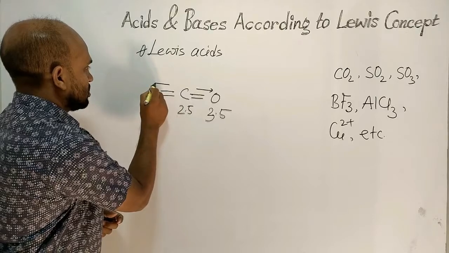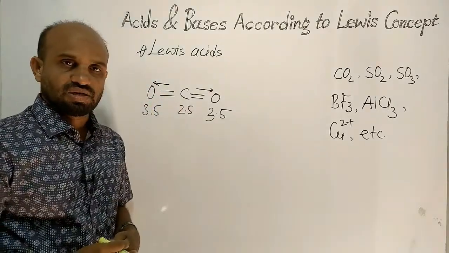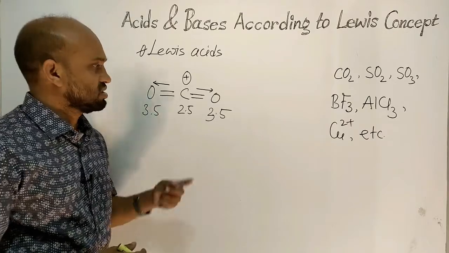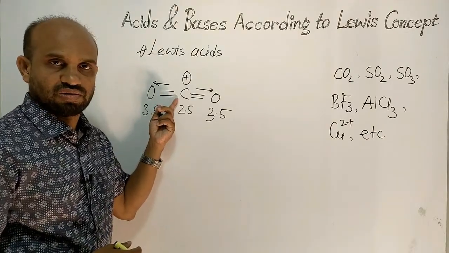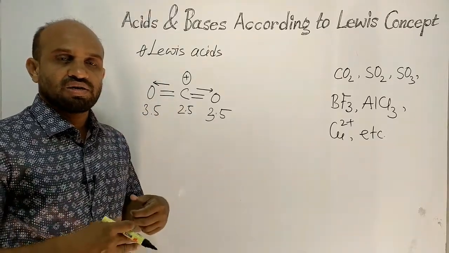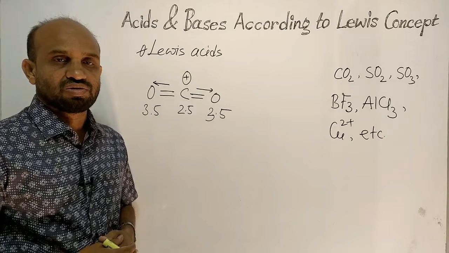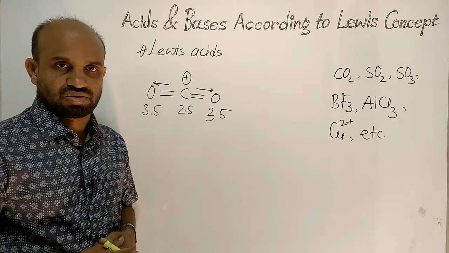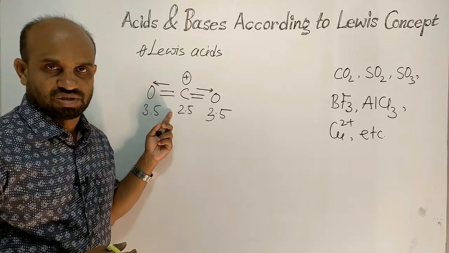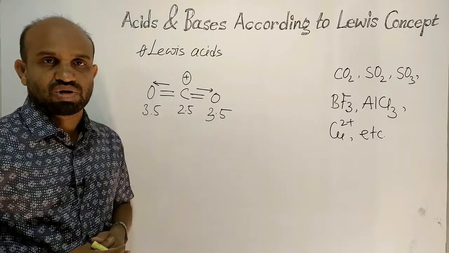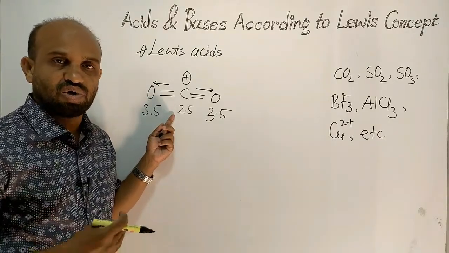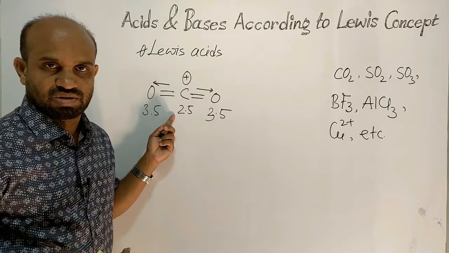As a result, a positive environment is created over carbon. So, carbon dioxide has an attraction tendency towards electrons. That means carbon dioxide is a kind of electrophilic substance. In other words, we can say carbon dioxide can accept one pair of electrons.